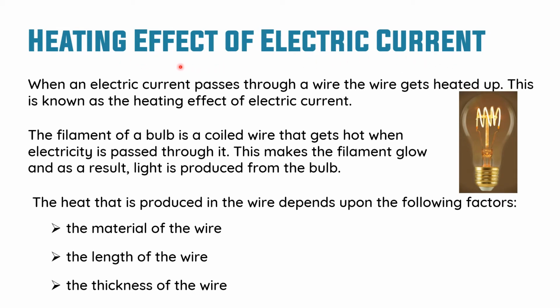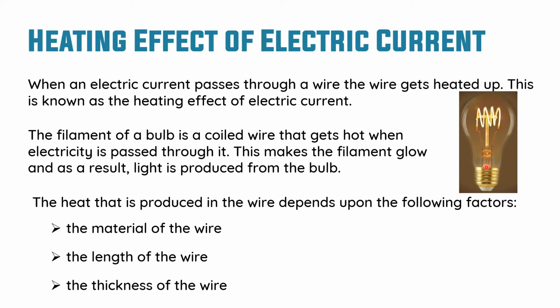Before going to the definition of heating effect of electric current, first we will see this about the bulb. The filament of a bulb is a coiled wire, and it gets hot when electricity is passed through it.